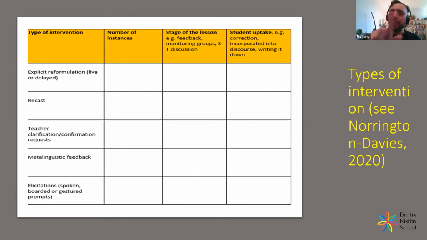Yeah. And you can look at whether the student uptake, and student uptake could be the students just nodding and acknowledging something, but certainly if they're writing something down in their books, or if they say it back to you, yeah, then this is a very visible sign that the students have noticed what you've drawn attention to.